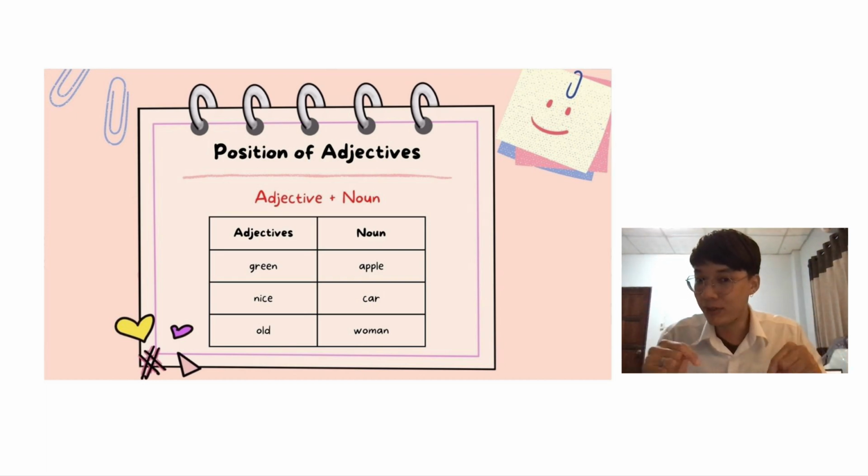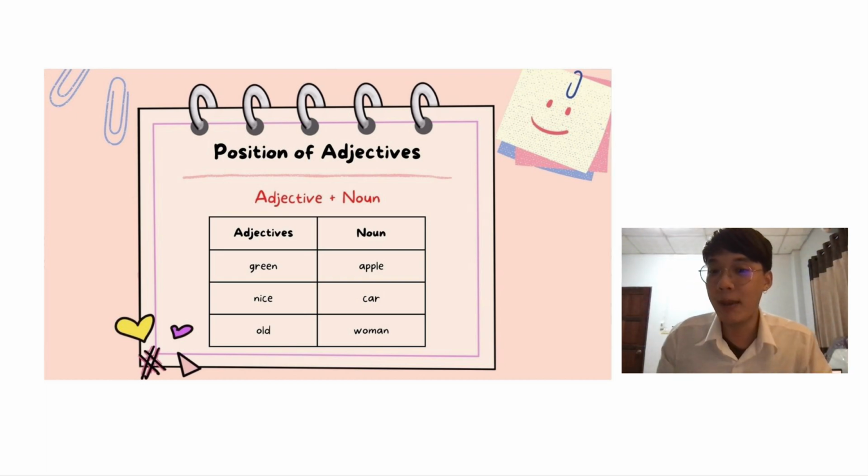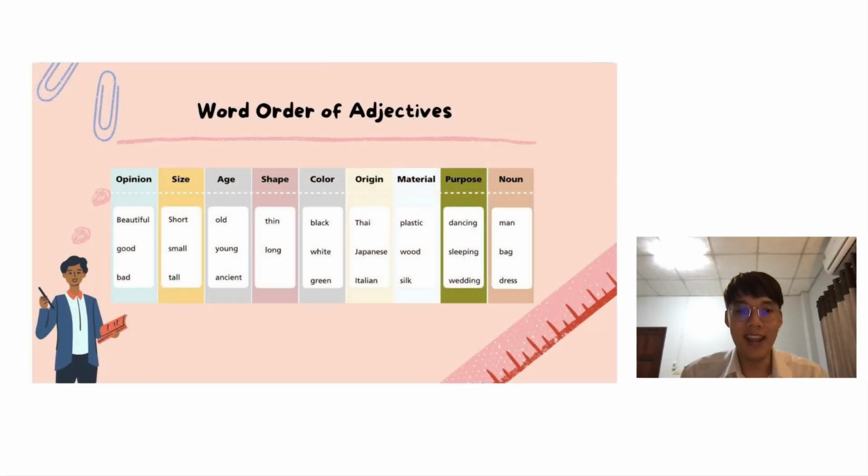As you can see from the first phrase, which is green apple, the word green is an adjective that comes before the word apple, which is a noun, as well as nice car and old woman. Next, when more than one adjective comes before a noun, the adjectives are normally in a particular order. Start with opinion, size, age, shape, color, origin, material, and purpose.